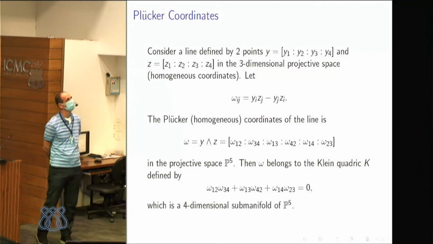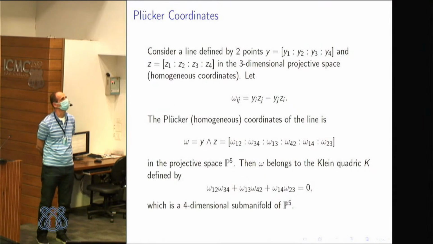We have to use Plucker coordinates in the space of lines, which are well known. They are explained here. Consider homogeneous coordinates of two points of the line.